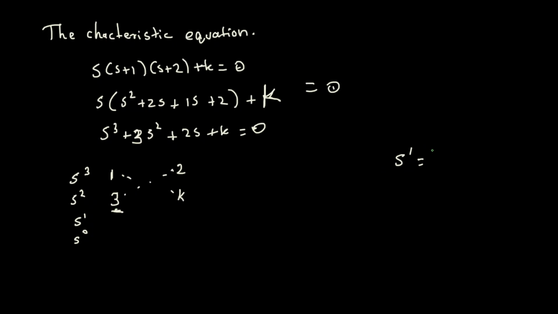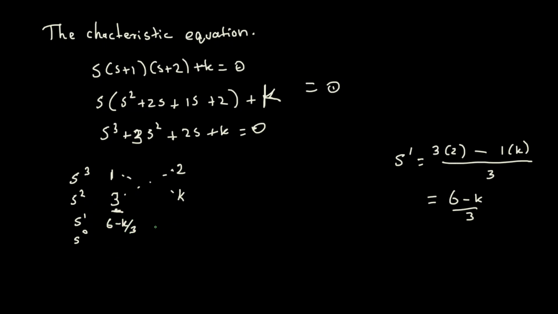So this is 3 times 2, minus 1 times k, divided by 3. If you simplify this, this is 6 minus k divided by 3, and that's the value we have to put right here.